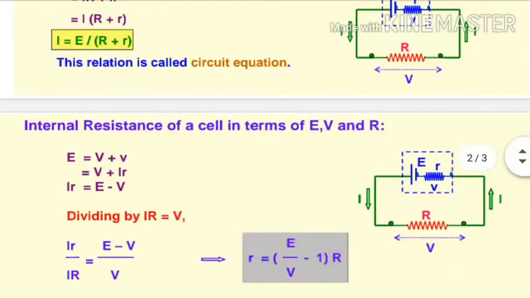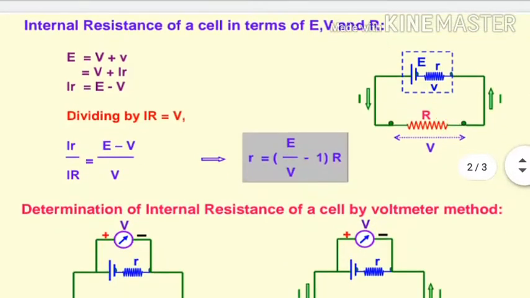Now if we derive another formula for the internal resistance of any cell, we know that E can be defined as capital V plus small v. So we can write it as capital V plus I into small r.